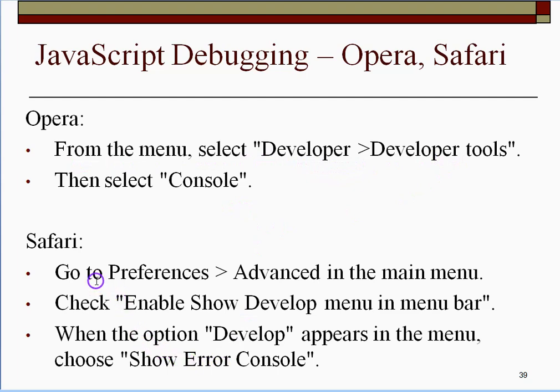In Safari, you go to Preferences, and then you go to Advanced in the main menu. Then you check Show Develop menu in menu bar, and when the option Develop appears in the menu, then choose Show Error Console.